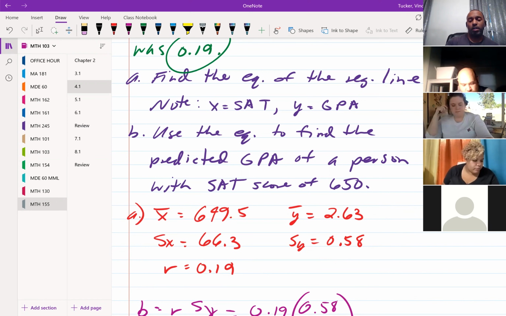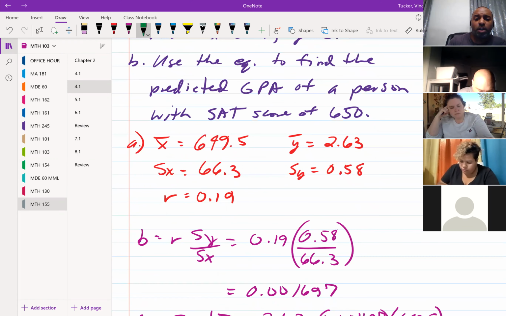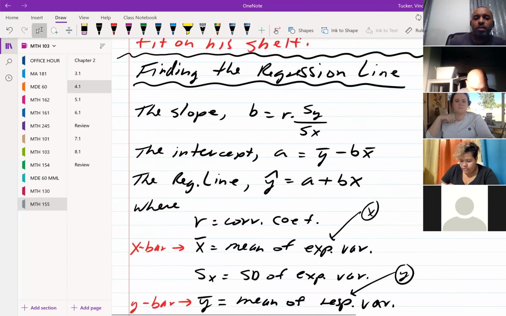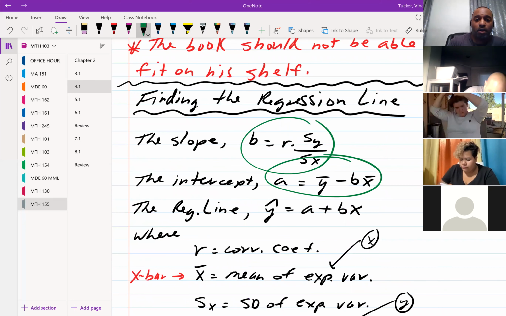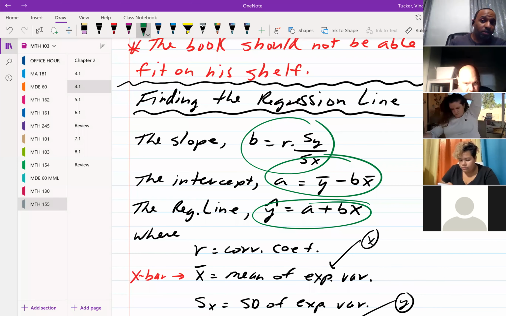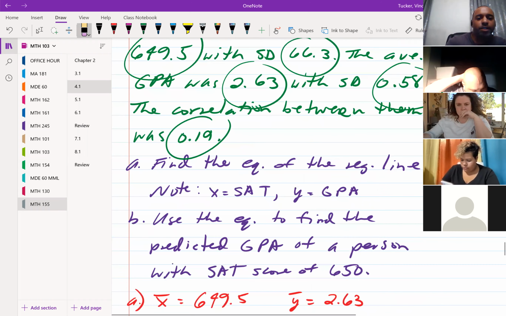Yeah. Okay. So then from there, we're taking each one of these pieces and plugging them into the formula that we got from here. So we need B and we need A in order to have our regression line, because that's A plus BX. Okay. And so from there, we're plugging them in. And for the most part, use your calculator unless you just got it like that.